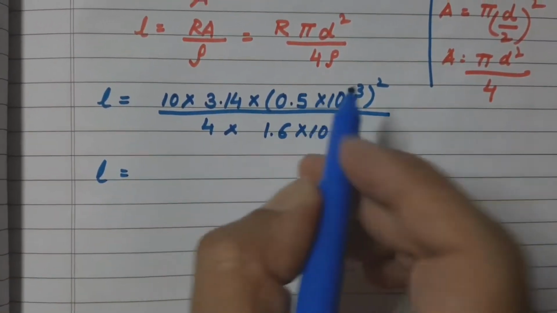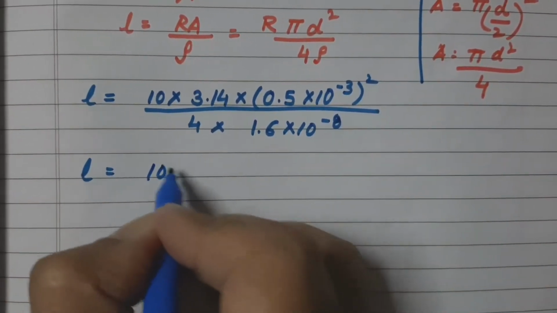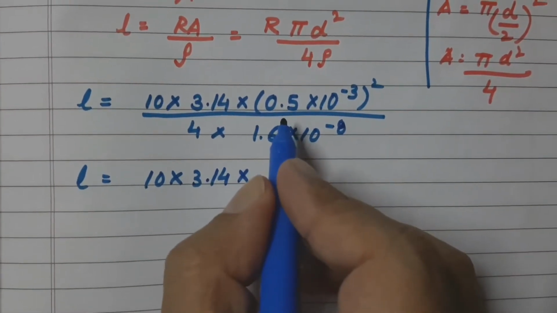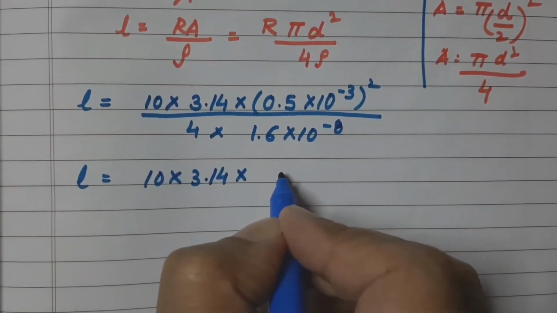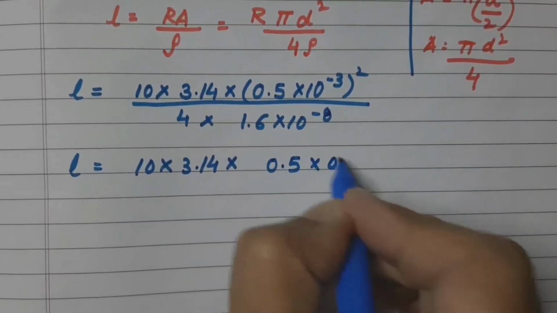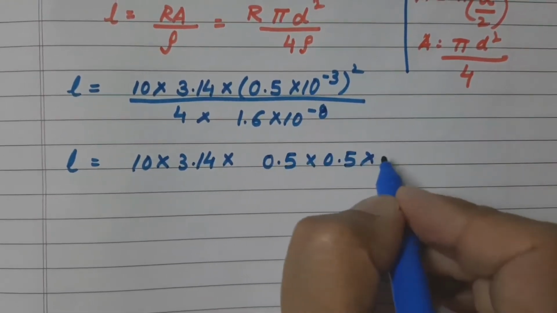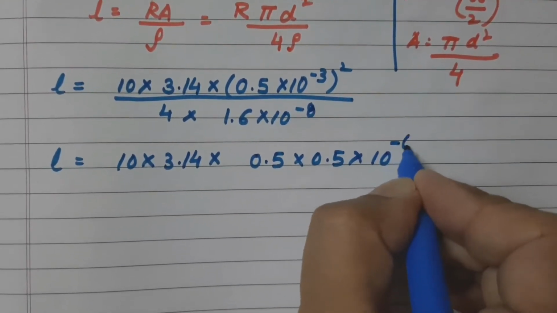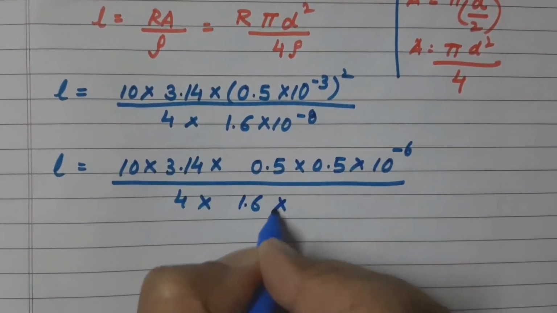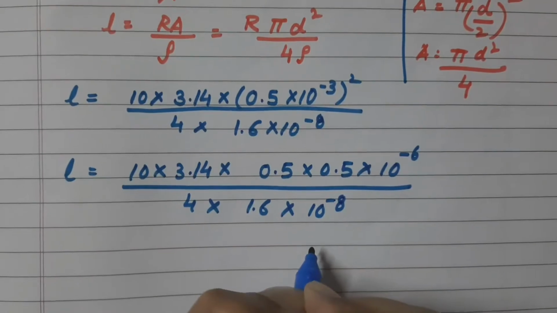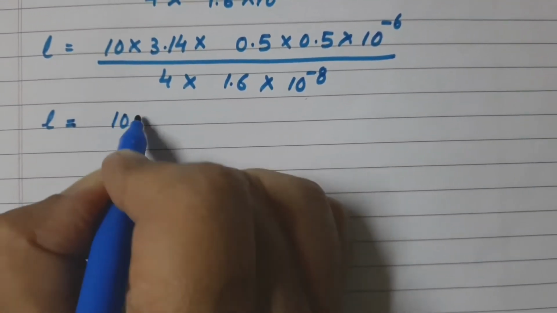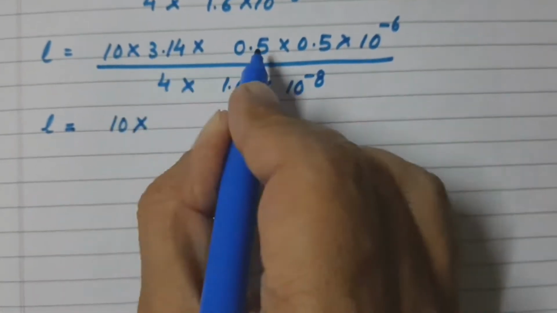L is equal to, let us solve this first of all. 10 multiply 3.14 multiply 0.5 multiply 0.5 × 10^-6 upon 4 × 1.6 × 10^-8. We will remove the decimal points.